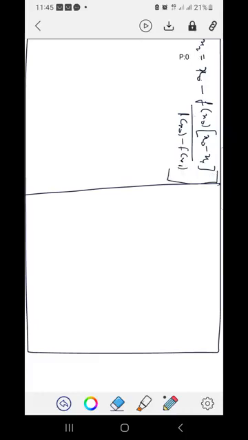All right, so let's put these values into that square bracket, so that we can now proceed.